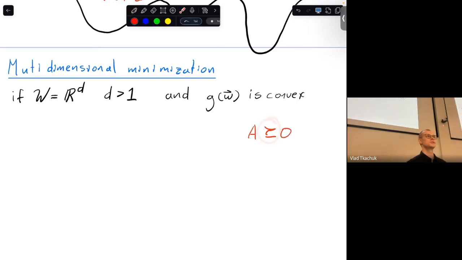It means your matrix is positive definite or positive semi-definite, meaning that if you take any vector and multiply by it from both sides, you always get a number that's greater than 0. This turns out to be the right generalization of checking that a number or a derivative is greater than 0. If you check this, you get that things are indeed convex.